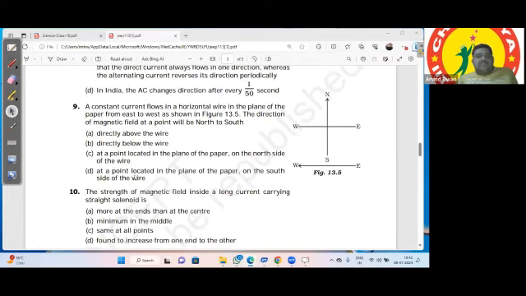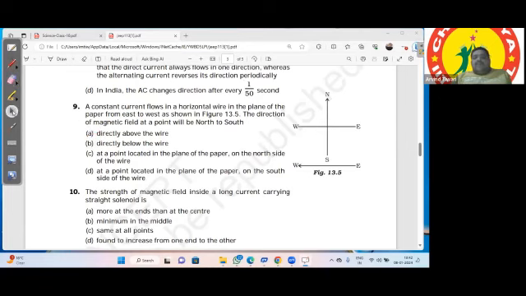Tanishka has also sent the answer. Okay. So see, I tell you the correct answer is your option A, directly above the wire. Are you finding these questions to be interesting? They are providing you practice for this chapter or not? So for this chapter, make very good practice of all these questions. Try to find out this.